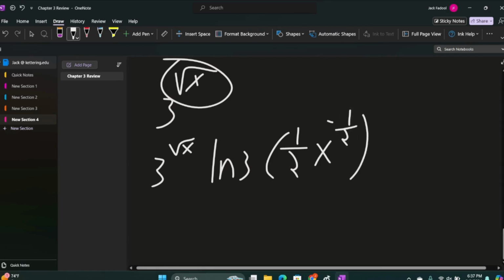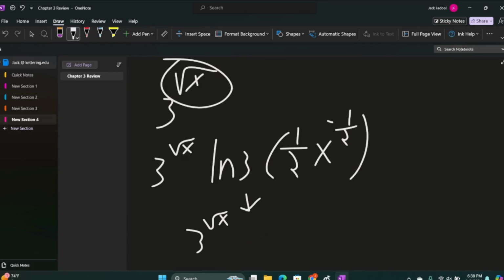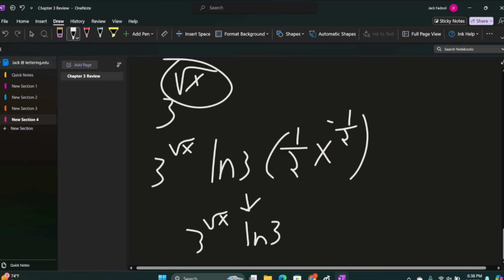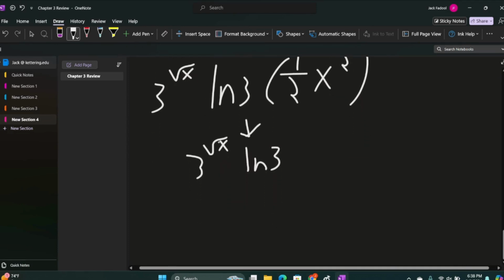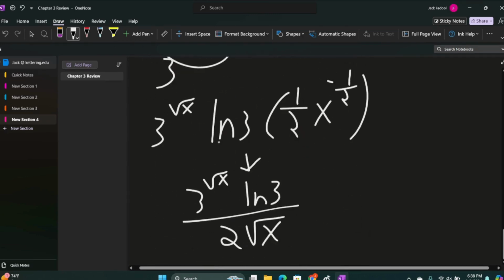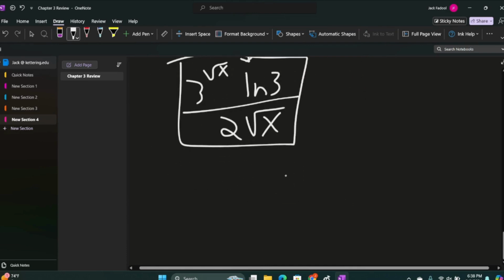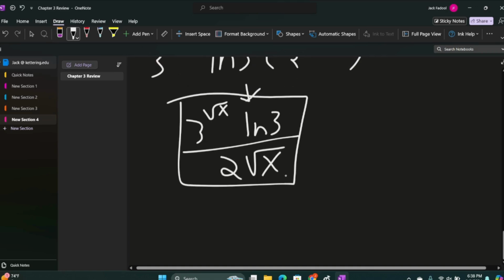So that simplifies to ln 3 all over 2 square root of x. Not too bad, not too complicated.